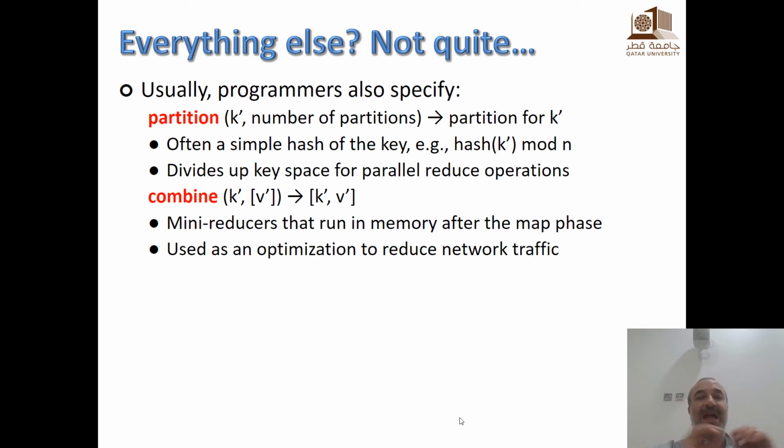Usually we use a simple hash function. We take the key and hash it to get a value, and then we take the mod with the number of reducers to assign it to one of them. And this will fairly distribute the keys over the reducers.